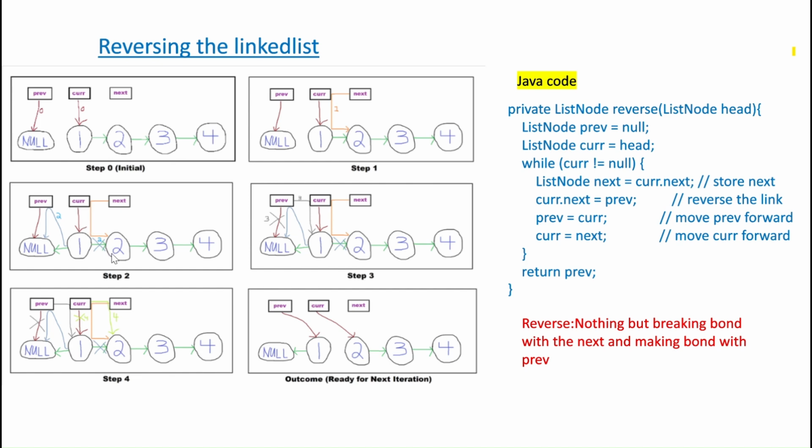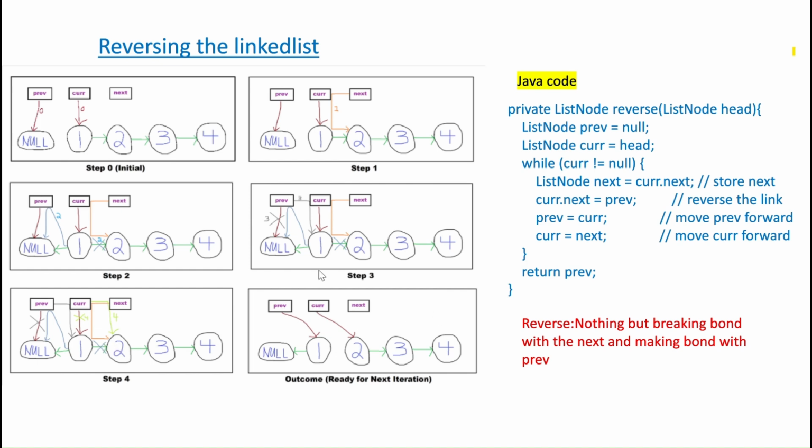Automatically it's breaking bond with the next one. Okay, that's it. And when it comes to current equal to next, its work has completed, so current is simply moving here, and previous is going to become the current. Previous is going to break that link here and become current. Current is going to break its bond here and become the next.